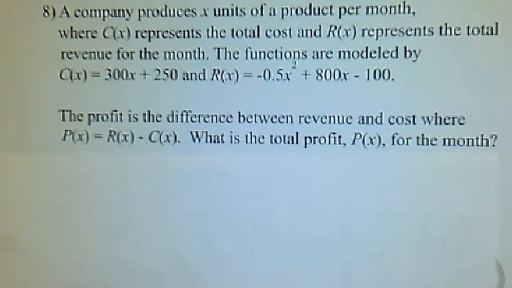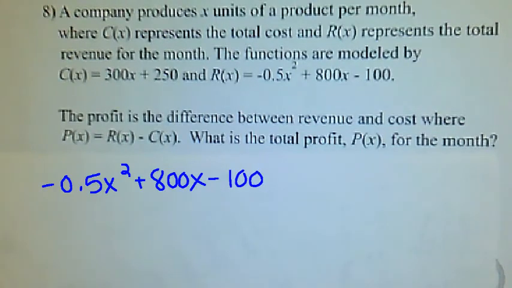So the profit is R of x minus C of x. So all we're going to do is rewrite this. R of x is negative 0.5x squared plus 800x minus 100. And then we are subtracting 300x plus 250.